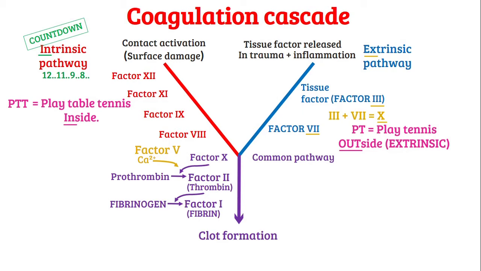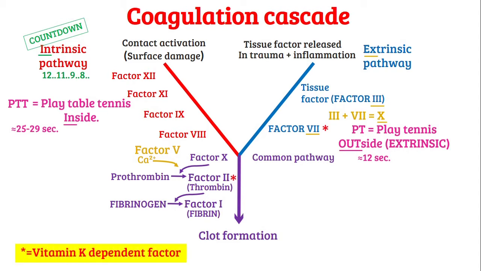Remember, the PTT and PT tests also evaluate the common pathway too, so factors 10, 5, 2, and 1. The PTT is normally from 25 to 29 seconds, where the PT is usually about 12 seconds, but these values change between labs. Another important thing to remember is the vitamin K dependent factors, which are factors 2, 7, 9, and 10.